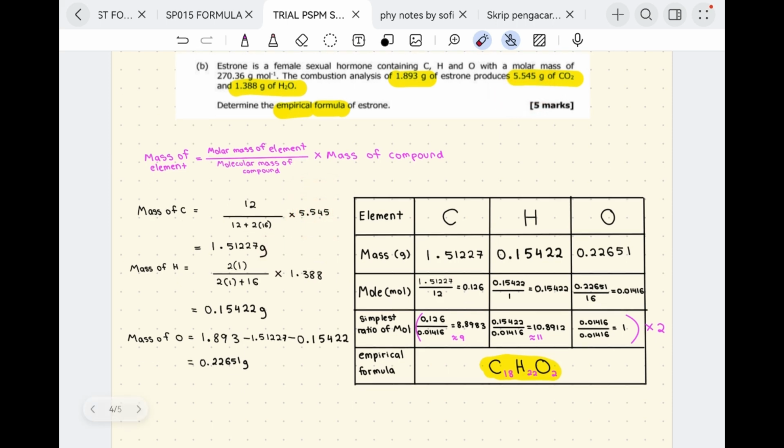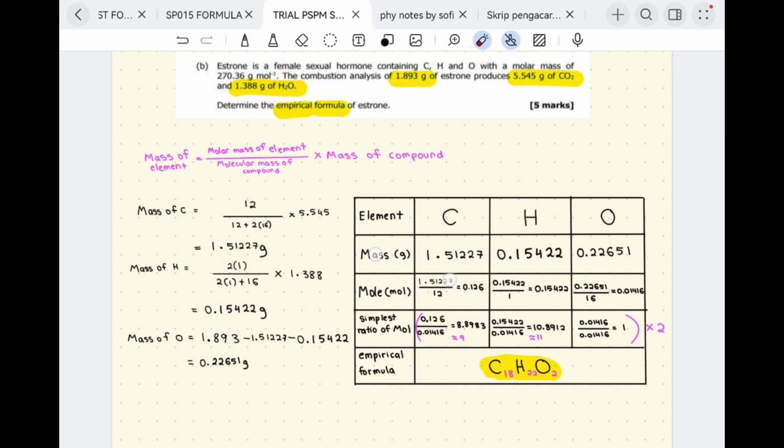And then for the mass of hydrogen, I need to use the compound that contains hydrogen, which is H2O. For H2O, we have 2 hydrogen, so for the molar mass of the element, I need to multiply the molar mass of hydrogen by 2, because it involves 2 atoms of hydrogen.